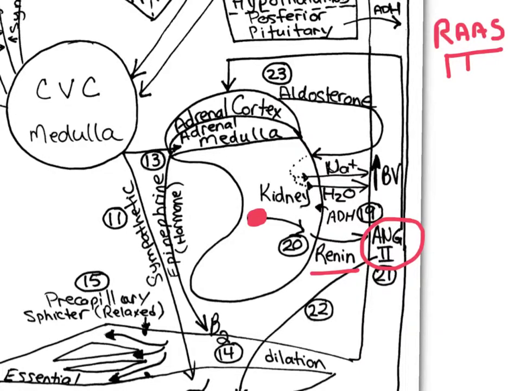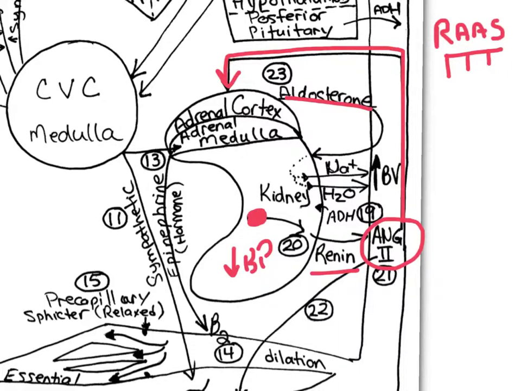So you increase renin in response to a decreased blood pressure, and that angiotensin II then does a couple of things. Let's just look at its response as indicated by this line right here, which is a little bit hard to see. It is going to go to the adrenal cortex. It then stimulates the adrenal cortex to release the hormone aldosterone, and that is the final A in the RAAS.